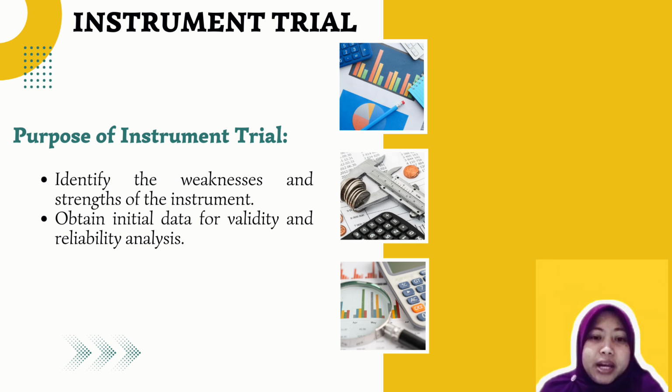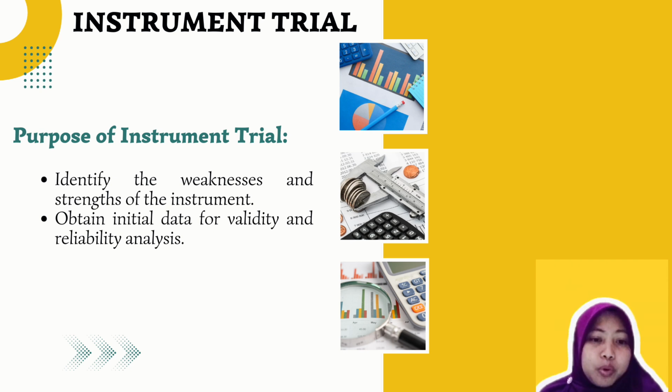After the instrument is completed, we do not immediately use it on the entire population to be studied, but need to conduct a trial first. The trial aims to identify whether there are items in the instrument that are not understood by respondents or may cause ambiguity.